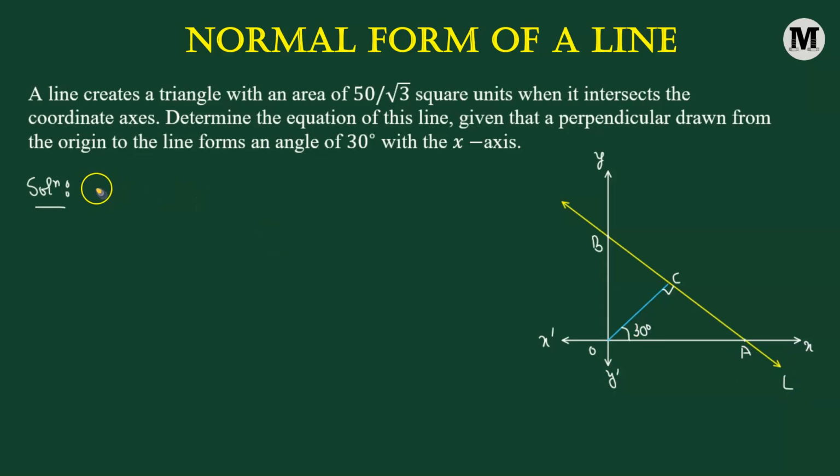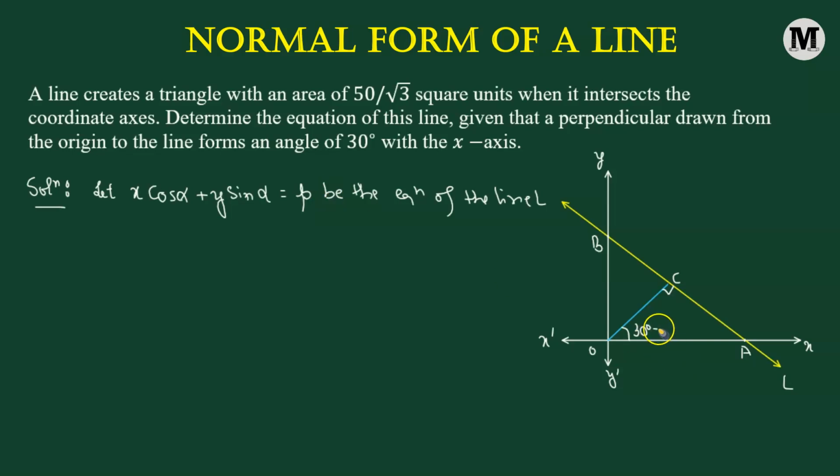First, we'll consider an equation of the line. Let's say the equation of the line is given in its normal form as x cosine alpha plus y sine alpha equals p. This is the equation of the line L that we need to determine. Now we need to specify alpha and p.